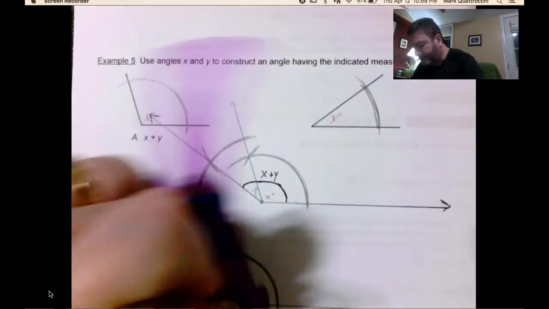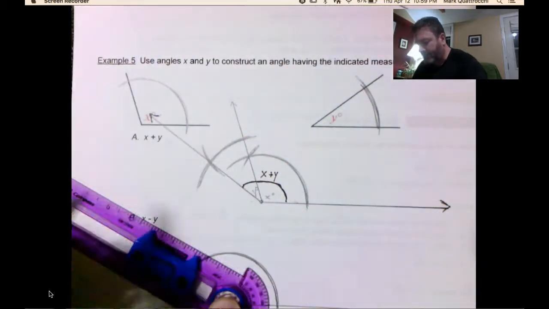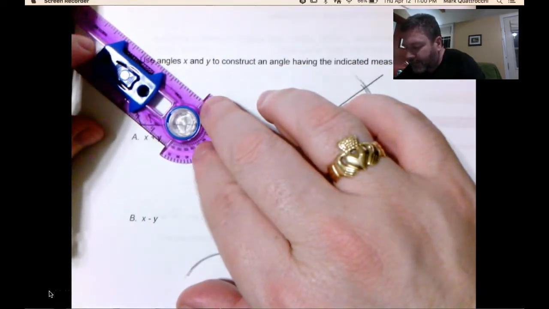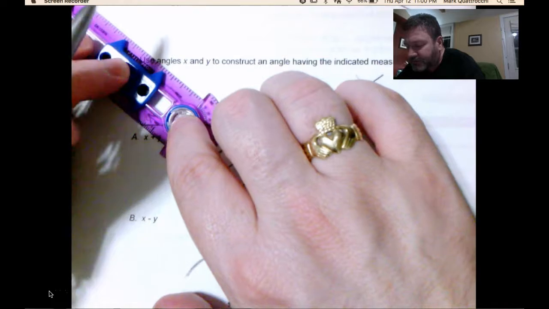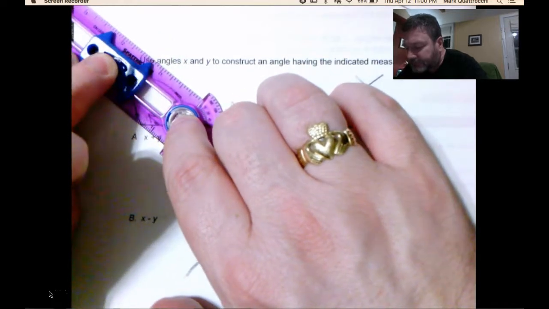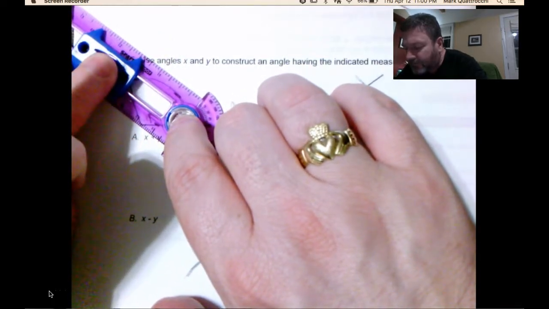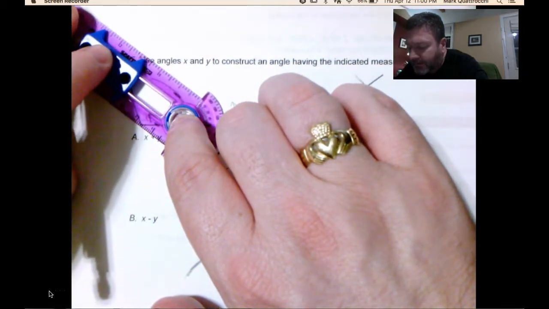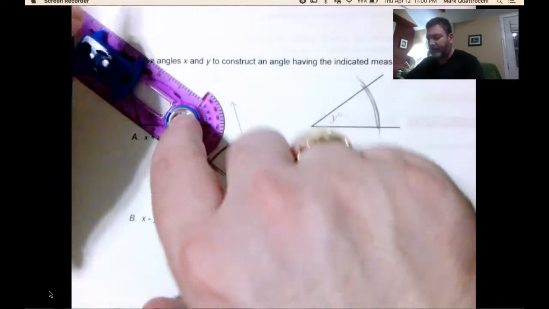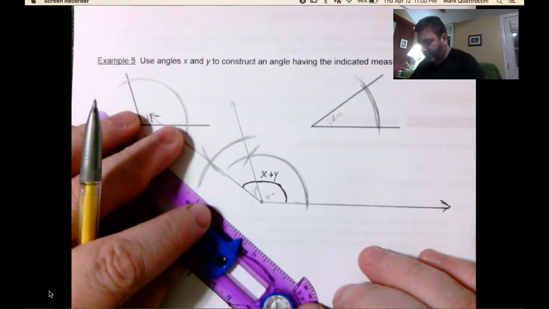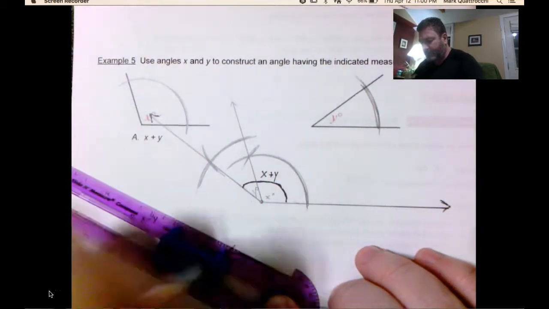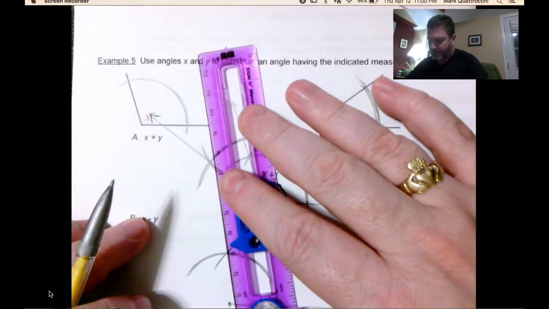Set my radius now to the length of the two intersections. Again, I know you can't see it, but that is the right length right there. Back over here, draw my arc, come through.